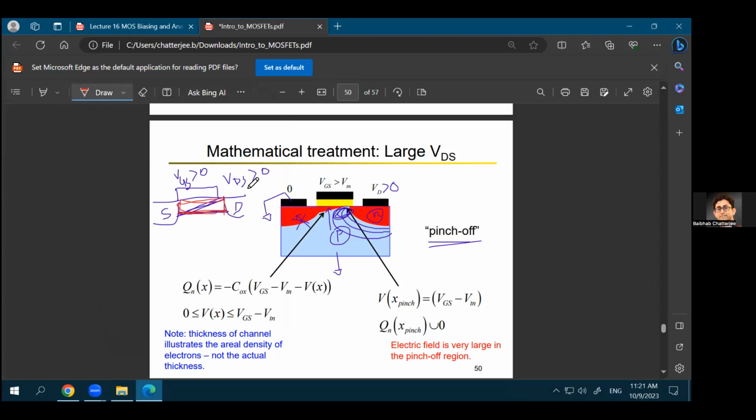You were trying to create a channel by having more electrons below the gate, but some of those electrons you are pulling into the drain region by applying a positive drain voltage. As you apply a positive voltage, the electrons will start moving into the drain, and then of course the concentration of electrons in the channel, specifically near the drain, will reduce. So this is another way of understanding the pinch off.